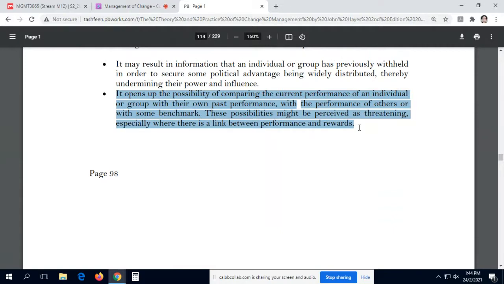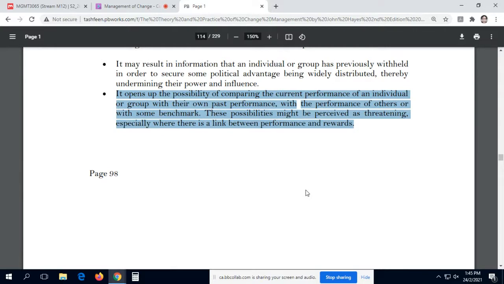These possibilities might be perceived as threatening, especially where there is a link between performance and reward. So once people have this data, they might compare your past performance with the current performance, and if it is going down, all of this is going to be linked with the rewards or punishments happening in the organization. So this can be a challenge.